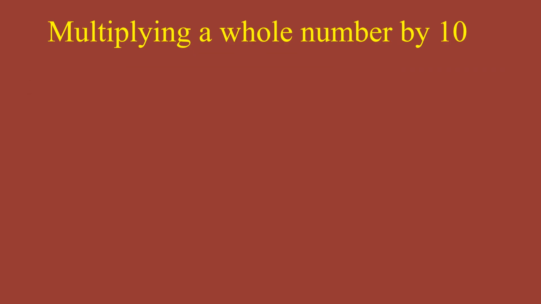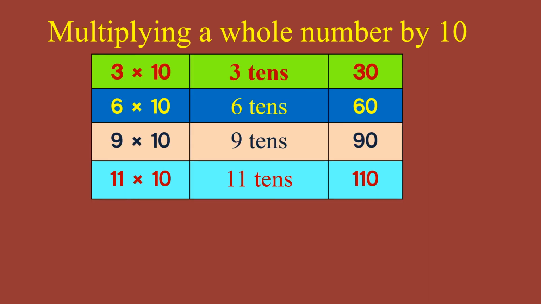So we are now discussing multiplying a whole number by 10. Have a look at this. 3 multiplied by 10. You can mention it as 3 tens. So 3 multiplied by 10, the answer is 30. 6 multiplied by 10.